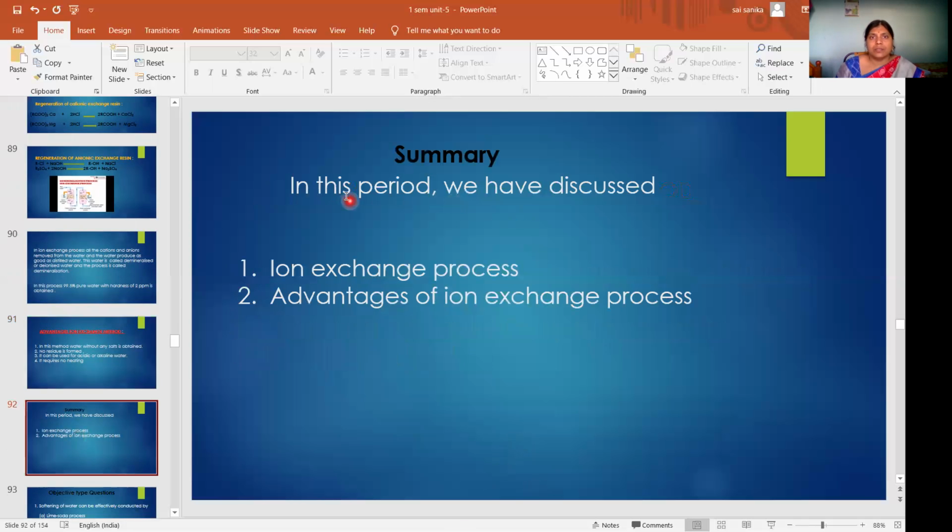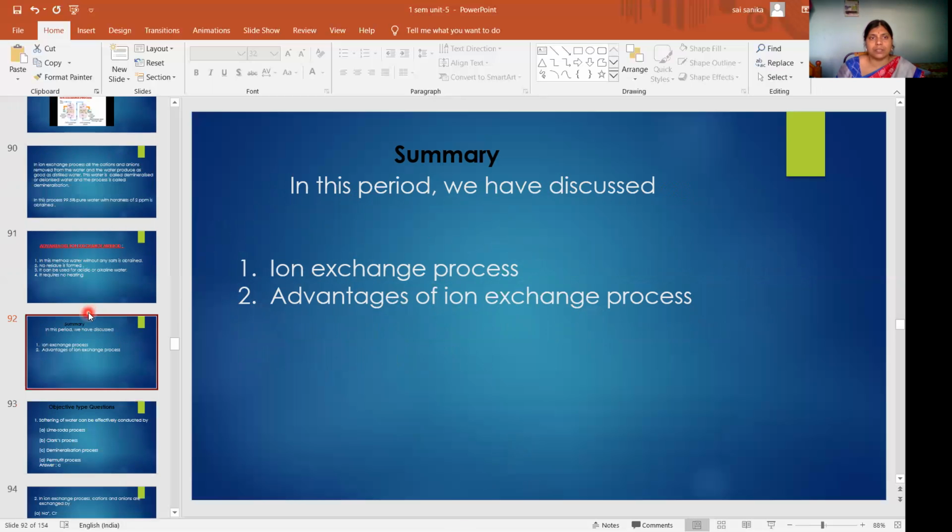What we have discussed in this period is the ion exchange process, with equations, diagram and explanation, and we studied the advantages of the ion exchange process.